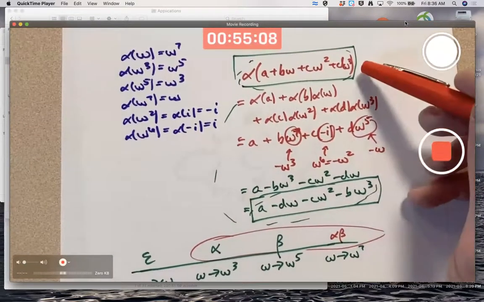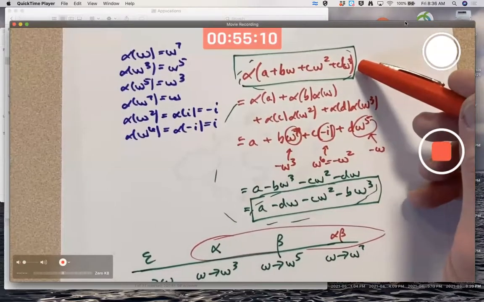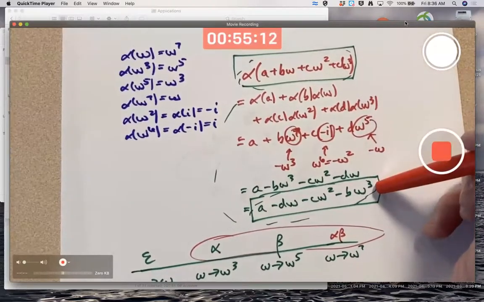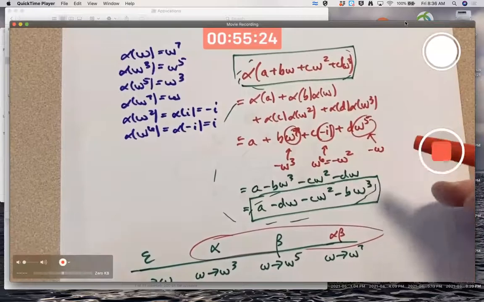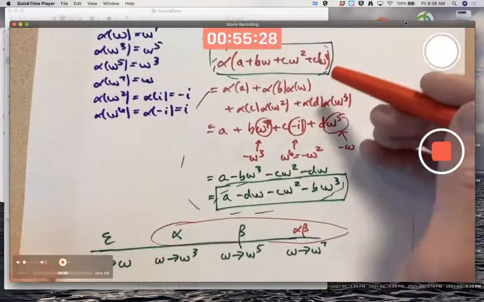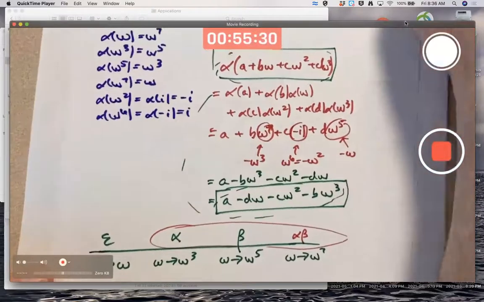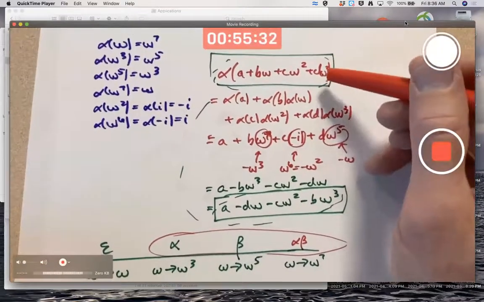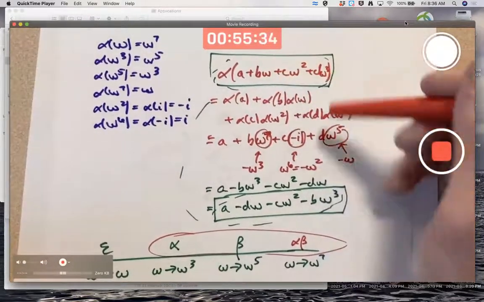You'd have to ask what elements are going to get mapped to themselves. Certainly everything in Q does, but it should be a bigger fixed field here. What I'm talking about really is the fixed field for epsilon and this particular automorphism. I'd have to ask what conditions on A, B, C, and D will make these 2 things equal.